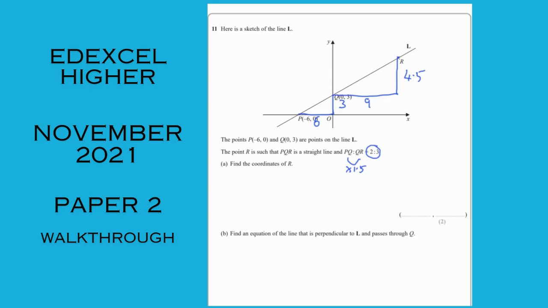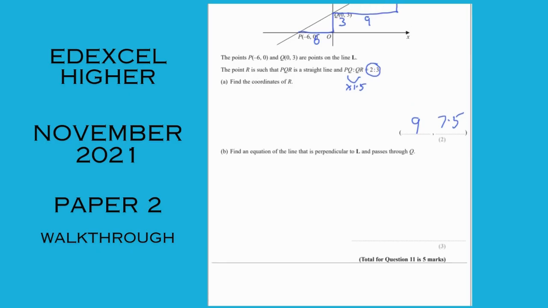And you can add them values onto the coordinates because your starting point is Q. So horizontally, it starts at 0, moves right 9, and vertically it starts 3 up and goes up another 4.5. And there you go, a weird one. And if you want a different way of going about it, I've done it using vectors on my worked answers on the website.